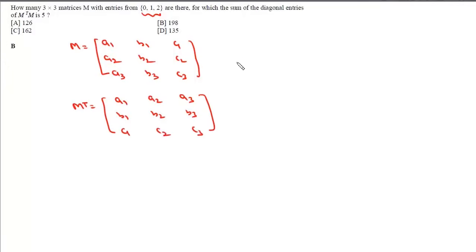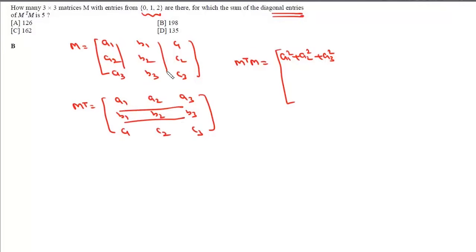Now if we multiply M transpose with M, then we'll get A1 square plus A2 square plus A3 square, and since we are interested in the sum of diagonal entries, we'll just write diagonal elements. Second row second column will be B1 square plus B2 square plus B3 square, and third one is C1 square plus C2 square plus C3 square.